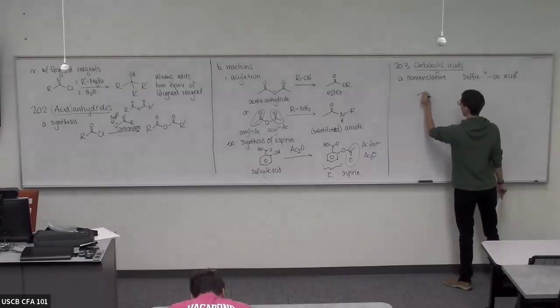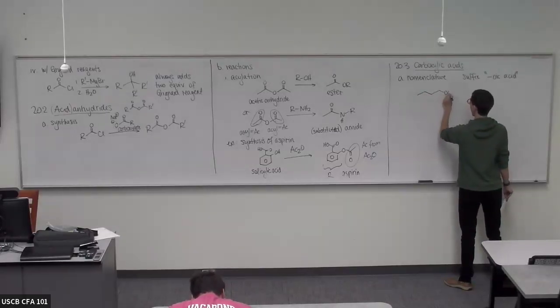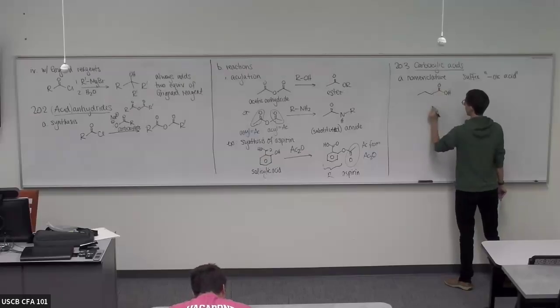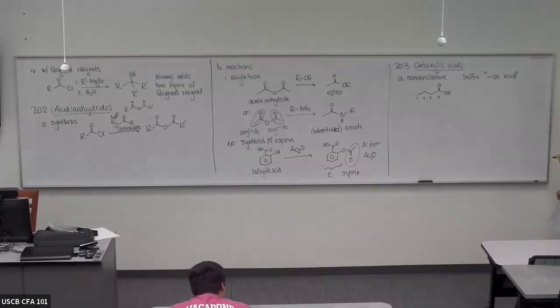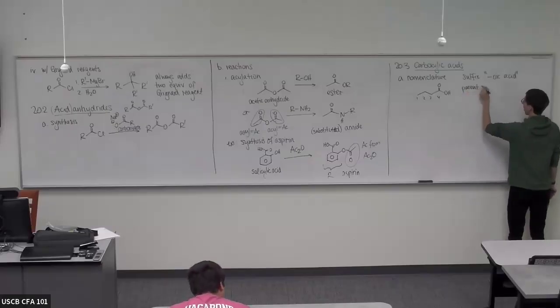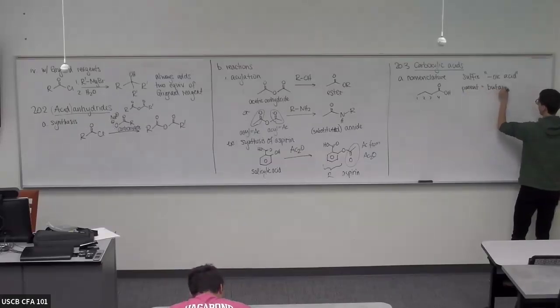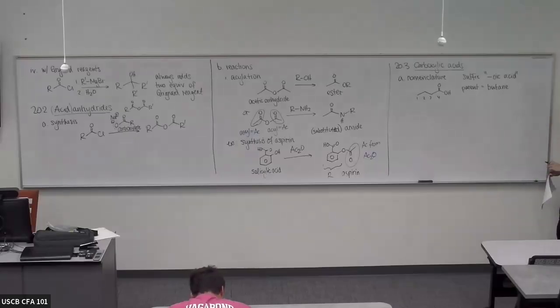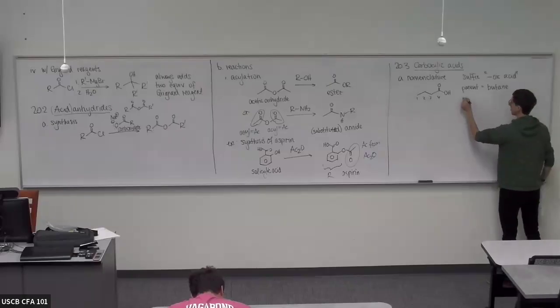So if we have this carboxylic acid with a parent chain of 4, so the parent chain is butane, and so we get butanoic acid.